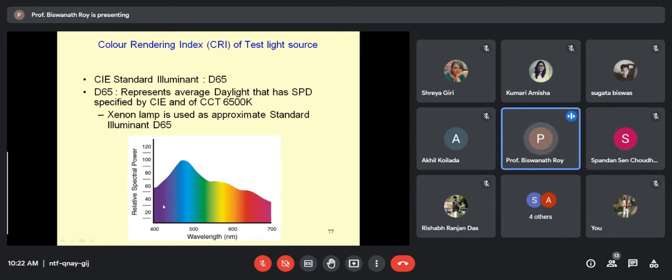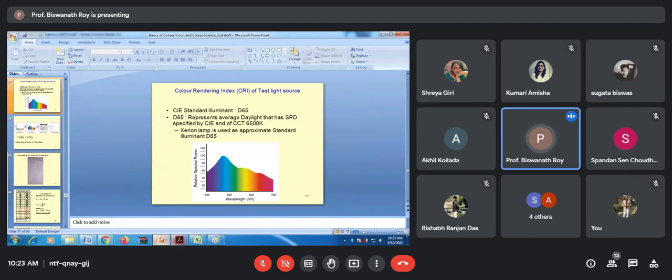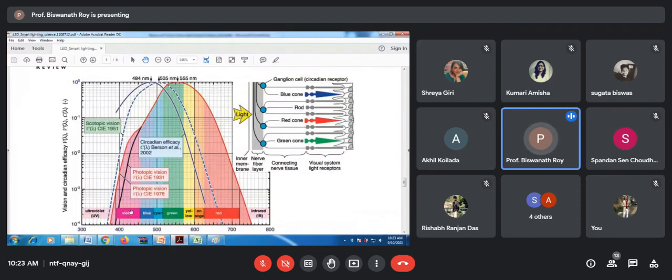It has significant spectral power almost all the region, but here is some higher. But yes, it is a continuous spectrum, and optical power is radiated at all the wavelengths. So color rendering capability of this kind of light source is the maximum.